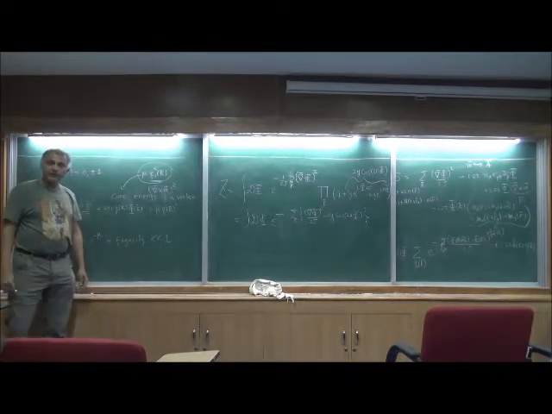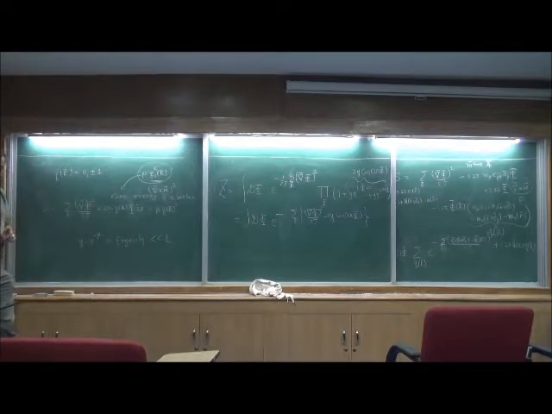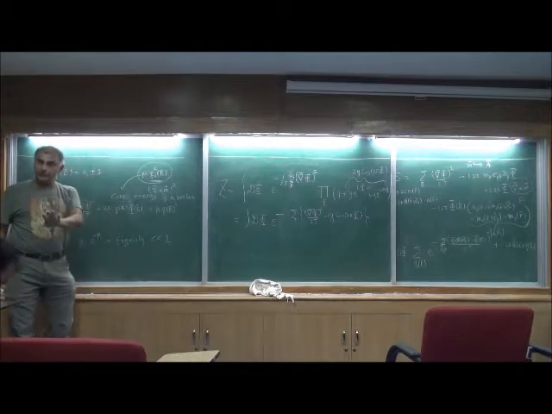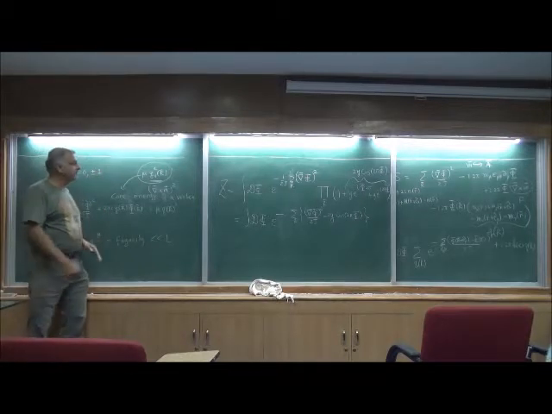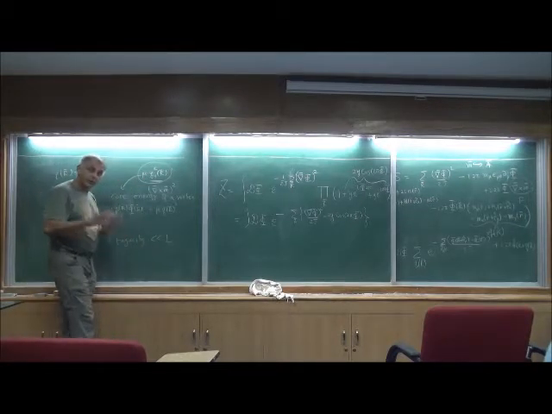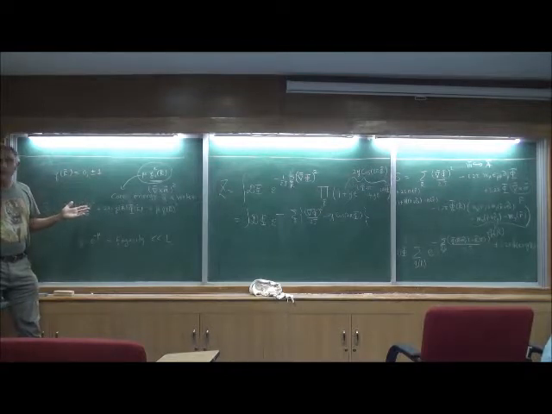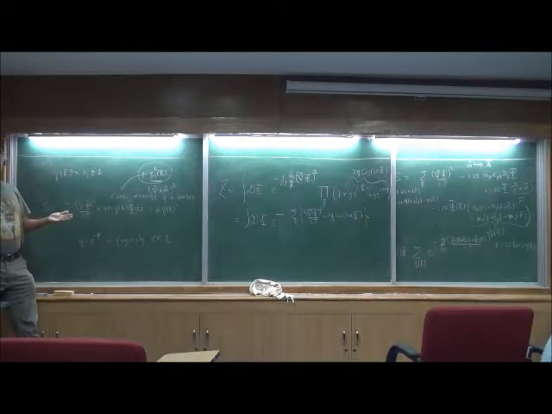Okay? Don't worry about where it comes from. Generically, if such a term is allowed, I should put it into my RG. You agree with that? Yeah. If it's relevant, I should put it in. I don't know yet whether it's relevant or not, but I have to put it in.